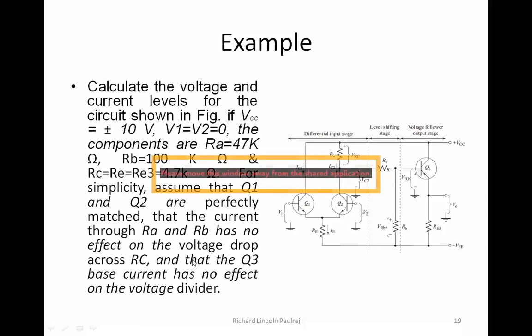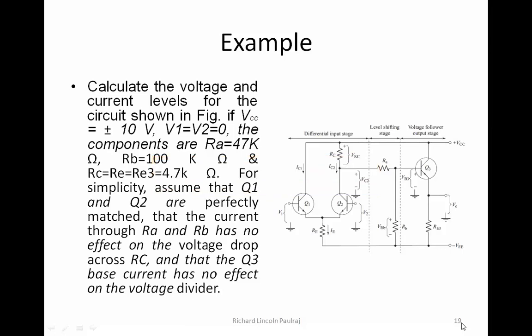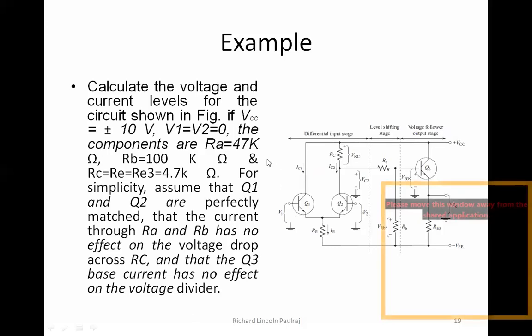So here we are asked to calculate the voltage and current levels for the circuit which is given here. And as I mentioned previously, this is our basic op-amp circuit, right? Here VCC is given as 10 volts and V1, V2 is equal to 0.